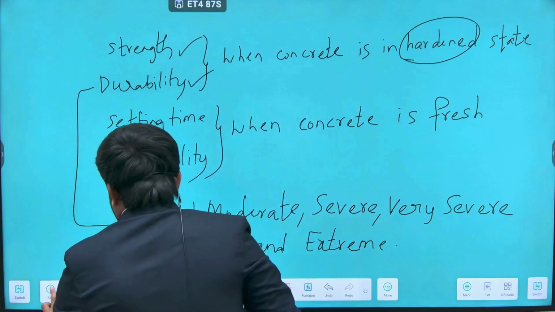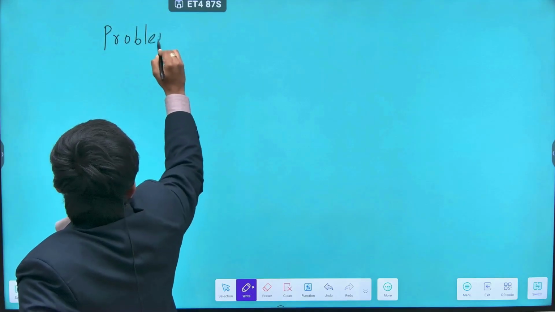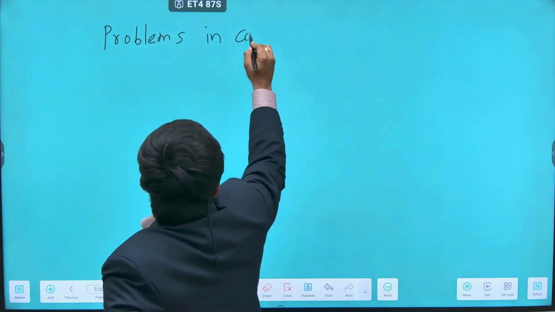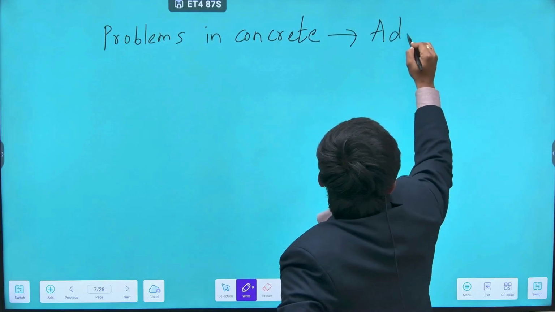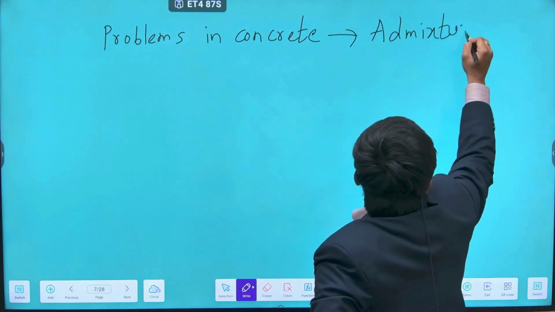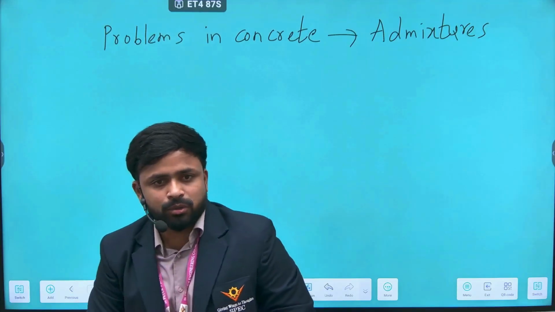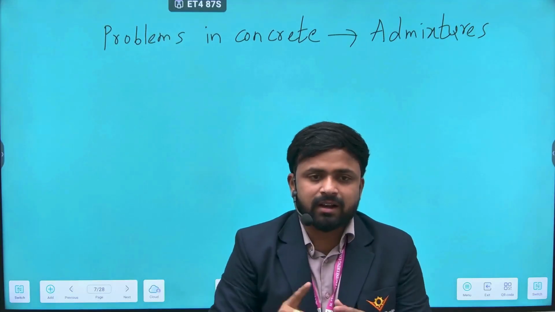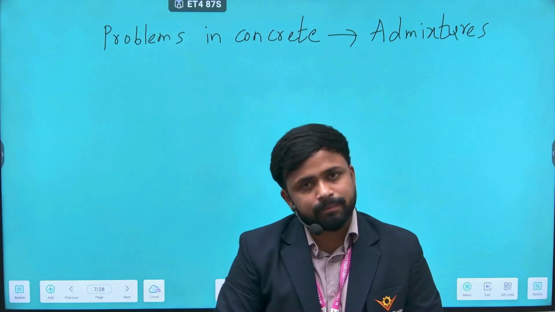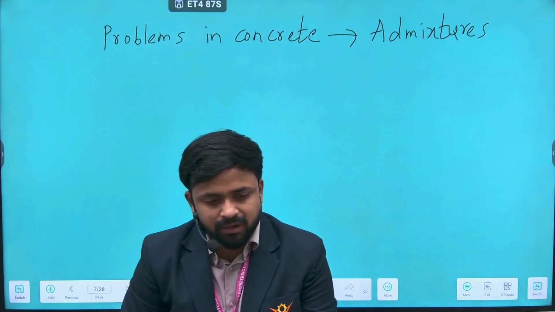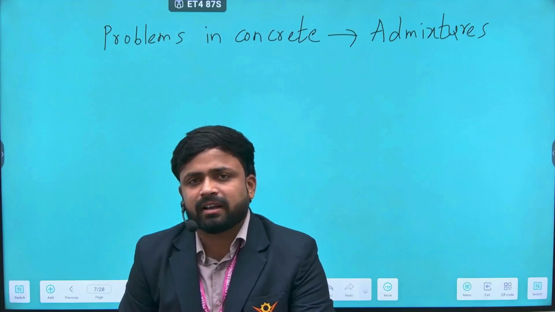Now here comes the major part. What are the problems we are facing? Problems in concrete that led to the development of admixtures. Why are we going to admixtures? Before going to admixtures, we need to know the problems in concrete. If I want to use concrete in hot weather conditions, the concrete may set easily: the water present in the concrete mixture gets evaporated and it goes to the hardened state at an early time.